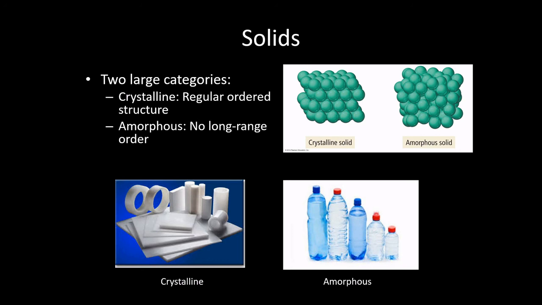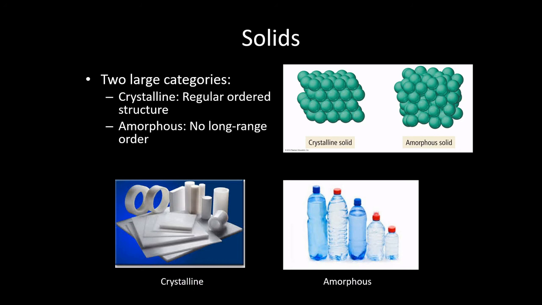This is most easily seen, by the way, in plastics. Most of the time, if you have a plastic that is opaque, so light can't get through it, those are usually crystalline polymers. And the reason that it's opaque is because it's crystalline. So there's a solid crystalline structure that light has trouble getting through, whereas amorphous solids tend to be clear, like water bottles, for example.